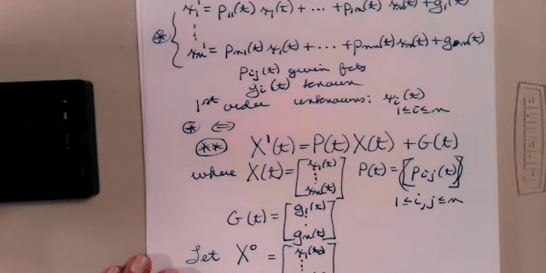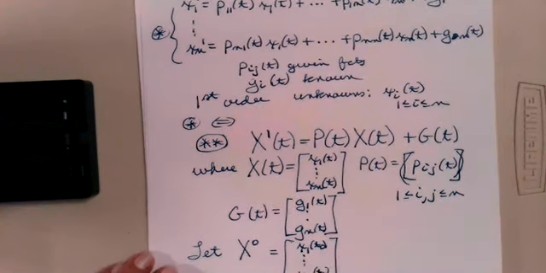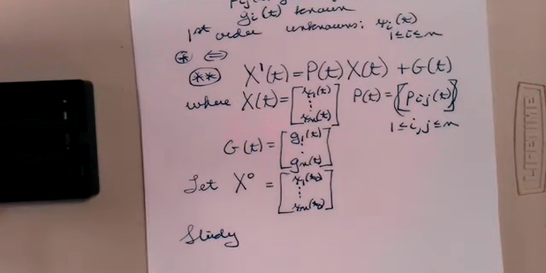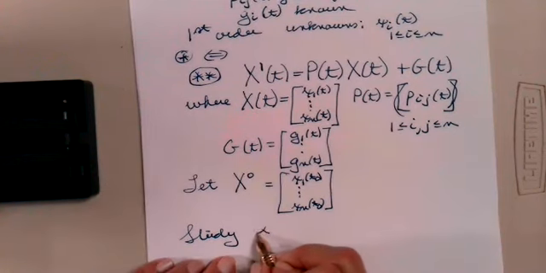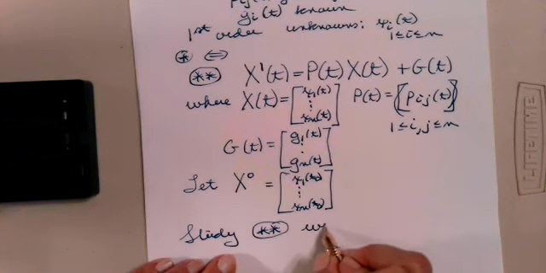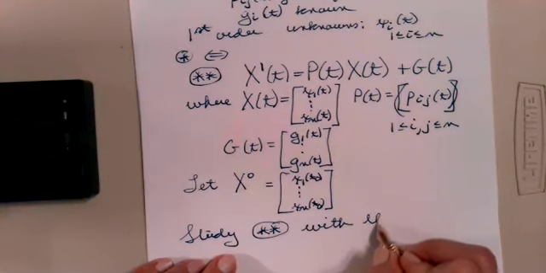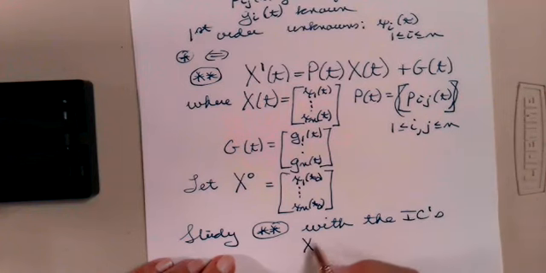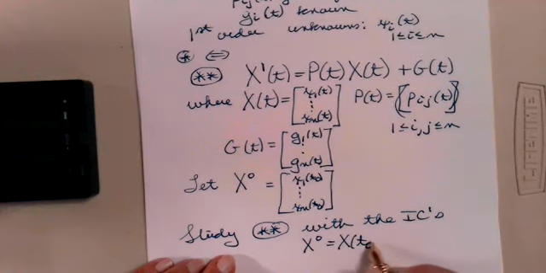Let's look at the system we want to study: the matrix system double star with the initial condition X at t0 is capital X super 0.